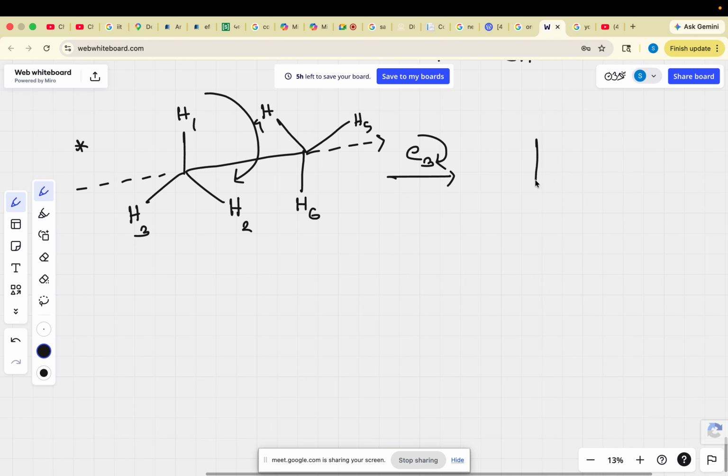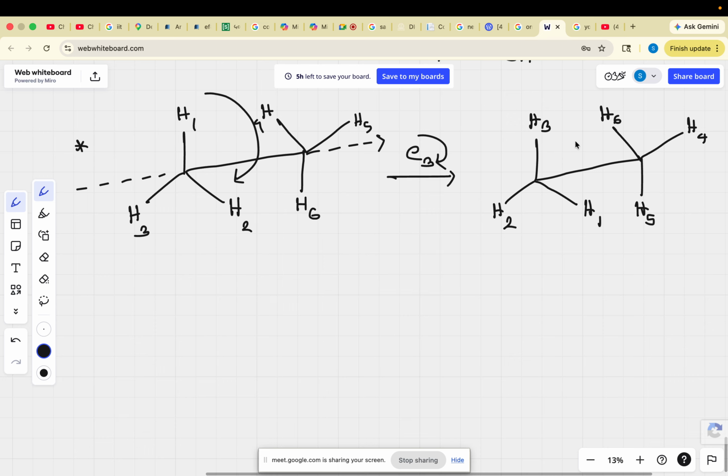At that time they will interchange their positions. So H1 will come to here, H2 will go to here, H3 will go to here, and in the back carbon also H5 will come to here, H6 will go to here, and H4 will come to here. So if you rotate it by 120 degree, you will get this thing.